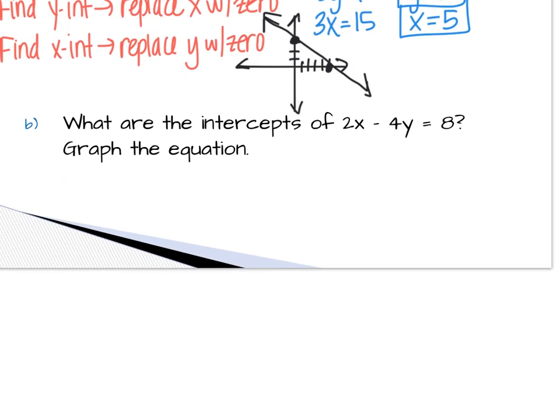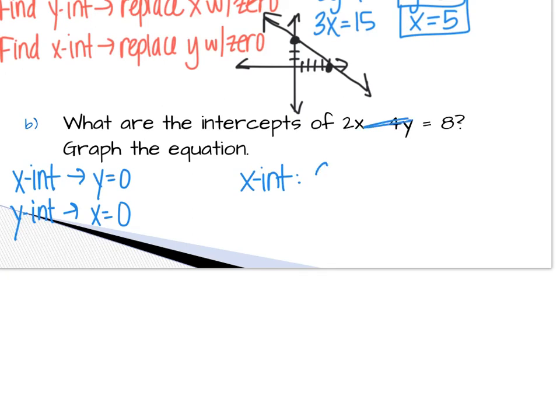Alright, B. Again, what are the intercepts? To find the x-intercept, you're going to make y equal 0, and to find the y-intercept, you're going to make x equal 0. So for the x-intercept, the y is going to be 0, so that's going to go away, and I get 2x equals 8. So x equals 4.